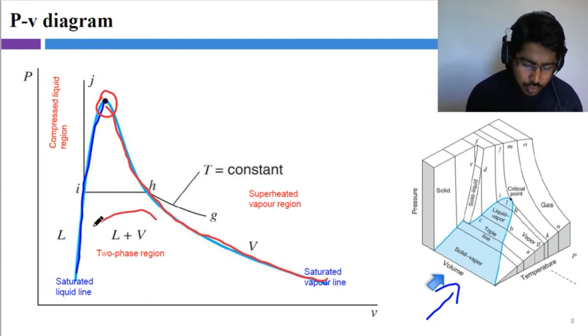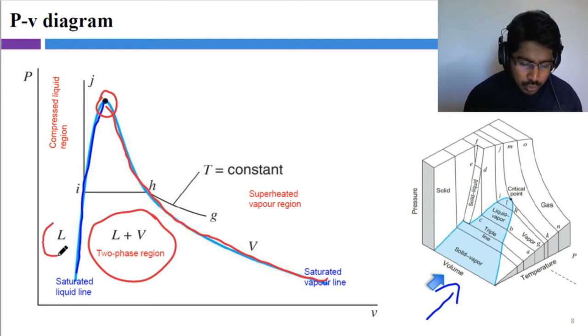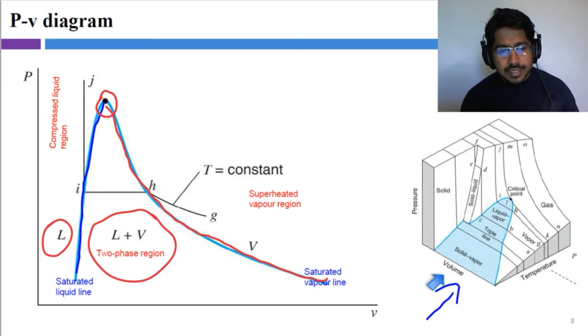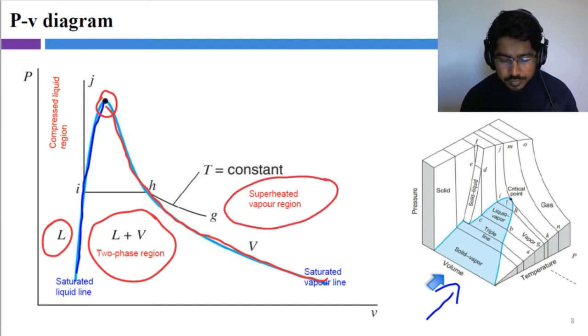Inside the dome you have the liquid plus vapor region. Outside the dome you have the compressed liquid or subcooled liquid region. On the right side you have the superheated vapor region. It's almost the same idea.